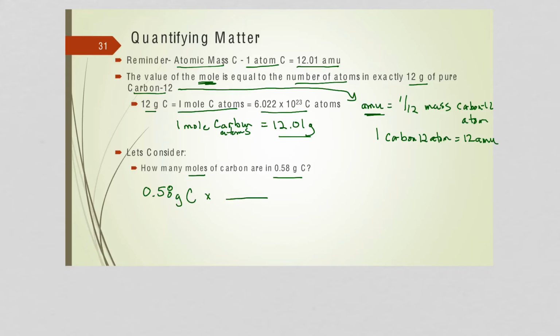And this would be true for all the elements, right? So 1 mole of oxygen atoms is going to be 16.00 grams. Okay?